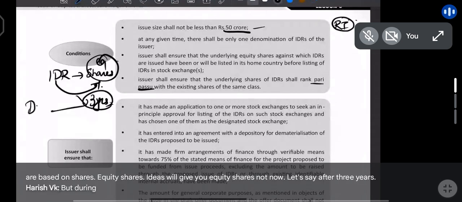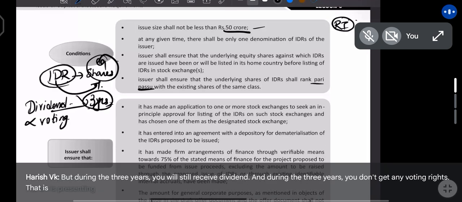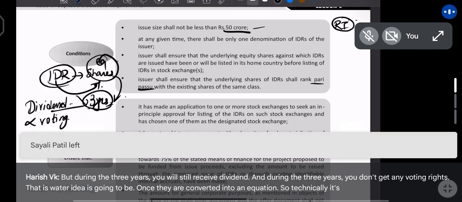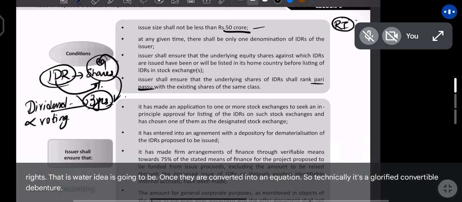But during the 3 years, you will still receive dividend. And during the 3 years, you don't get any voting rights. That is what an IDR is going to be, until they are converted into an equity share. So technically, it's a glorified convertible debenture or a convertible preference share because it pays dividend, not interest.